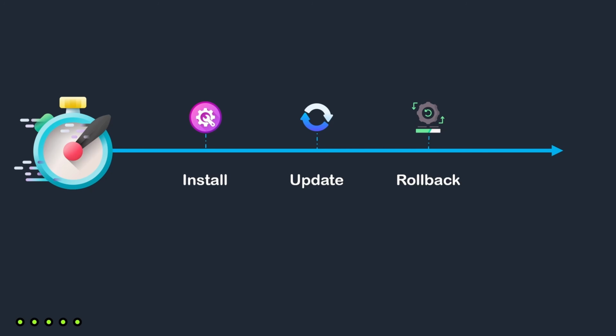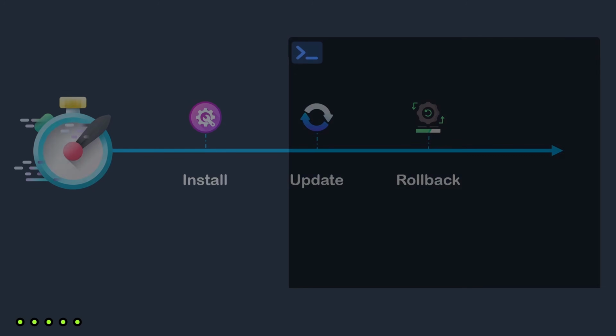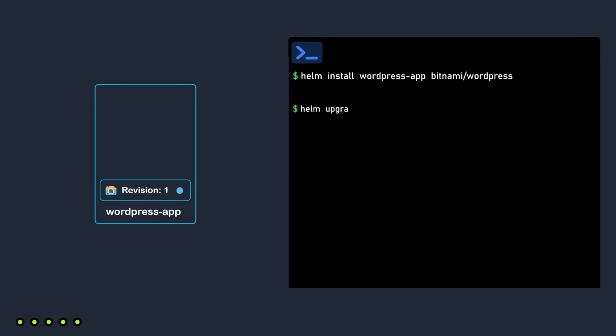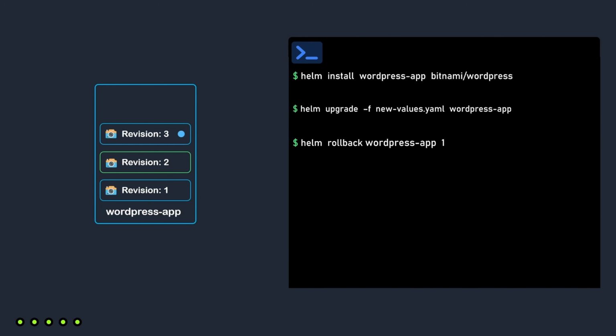All of that is done through revisions in Helm. Whenever we install, upgrade, or roll back a release, Helm creates a new revision for that release. Each revision records the changes done for that release, and this provides a powerful version control for Kubernetes applications.